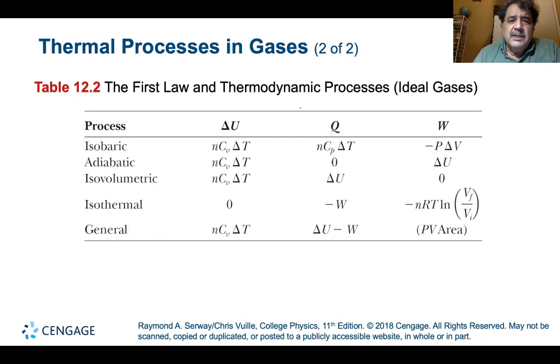Remember, delta U equals Q plus W. So this is all of those: isothermal, delta U equals 0; adiabatic, Q equals 0; isovolumetric, work is 0 because there's no change in the volume. You can look at that table and understand it a little bit better.